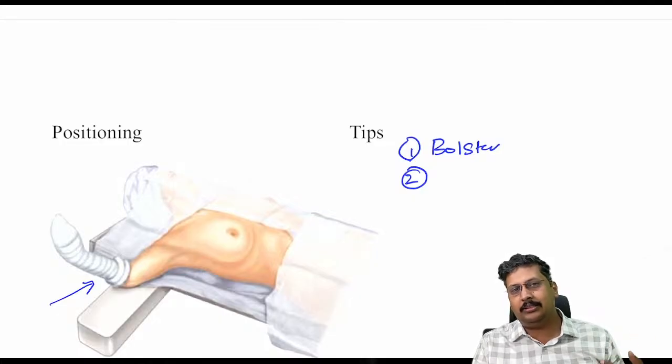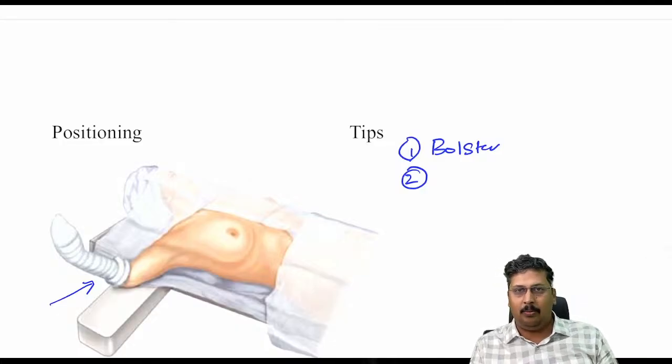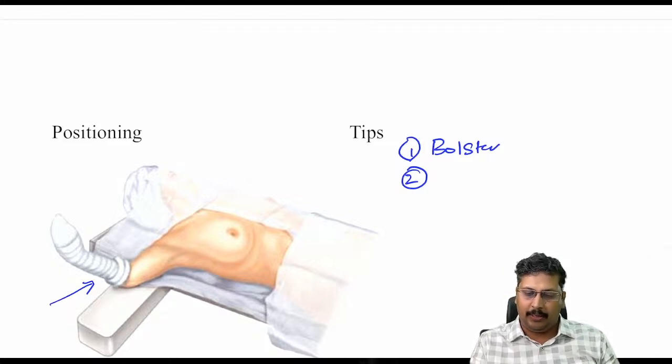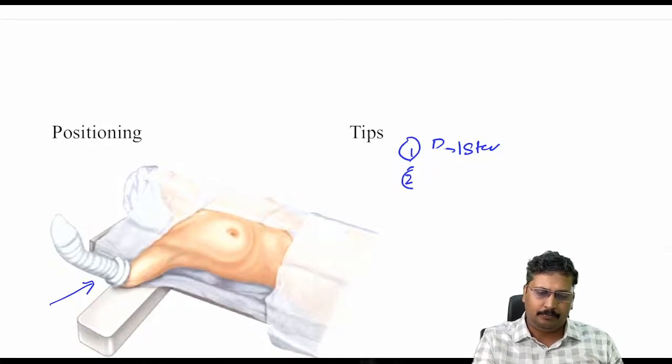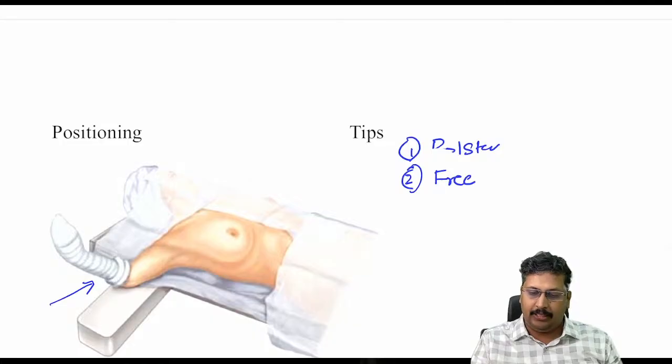To do this easily, if you have a free drape, because all the arm is sterile now, we can ask the assistant to either flex or extend the arm in the required way to achieve the adequate clearance. So the second important thing is to have a free draping of the arm.